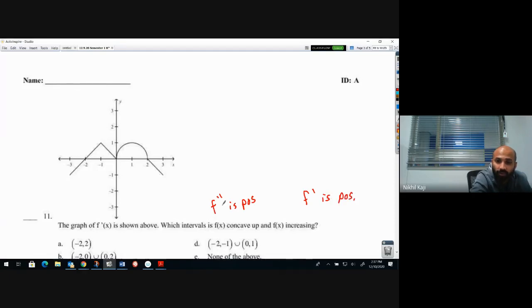All right, so we don't have f double prime, we only have f prime. So this is also the same thing as saying when the slope of f prime is positive, or another way of thinking about it is when f prime is increasing. These all mean the same exact thing.